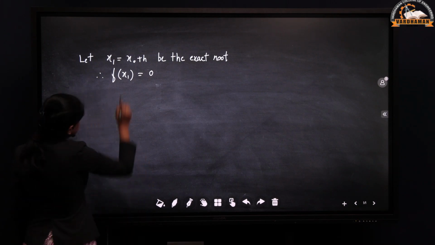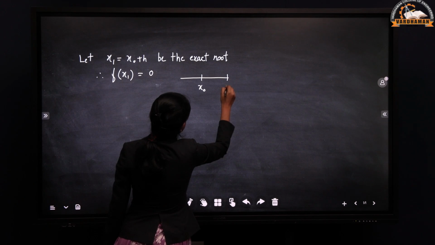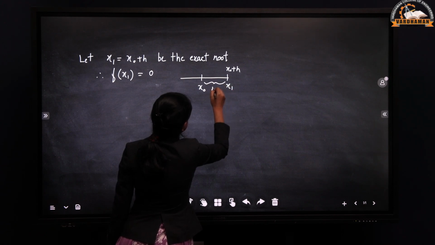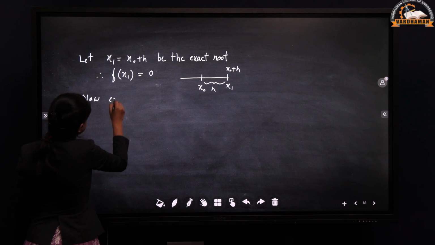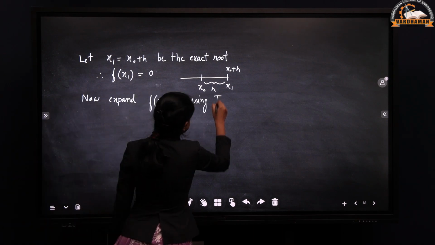Okay. So now what is this h actually? This is x naught point, this is x1 point, and this x1 is actually x naught plus h, this is h distance away. Okay. Now let us expand f of x naught plus h using Taylor's series.